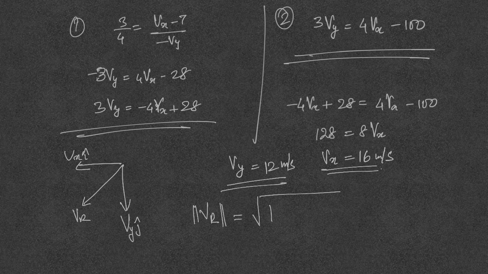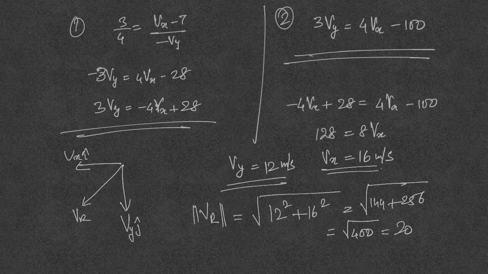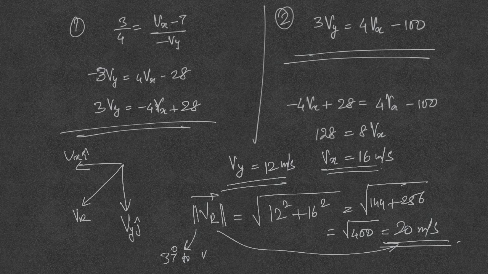You take the square root of 12 squared plus 16 squared, that is 144 plus 256. So you get the square root of 400, which is 20 meters per second, the magnitude of the velocity of the rain with respect to the ground, or the actual velocity. And what will the direction of this vector be? The direction of this vector, as we know, is 37 degrees to the vertical.